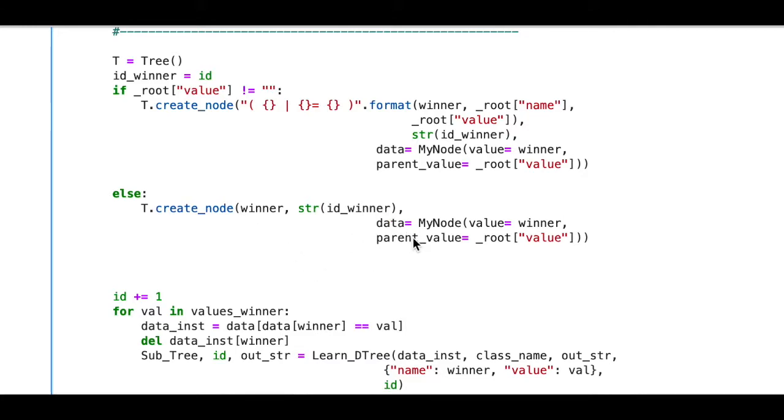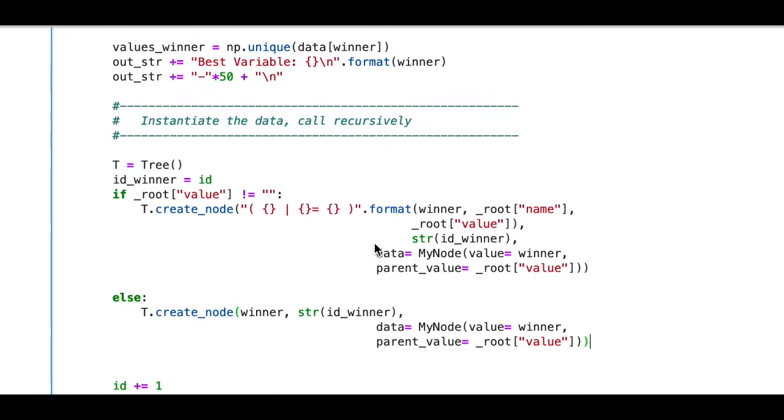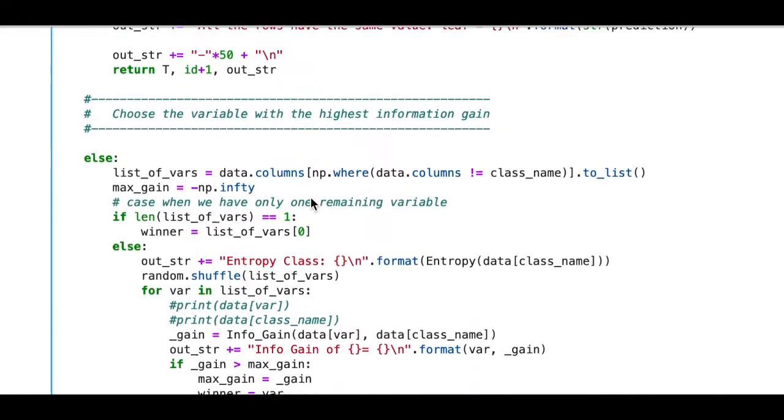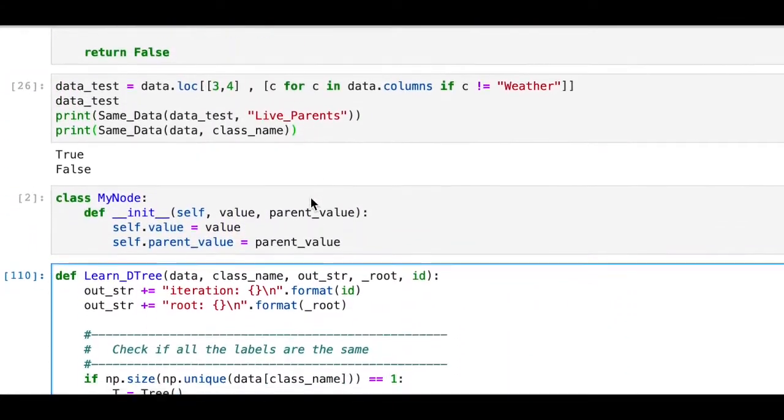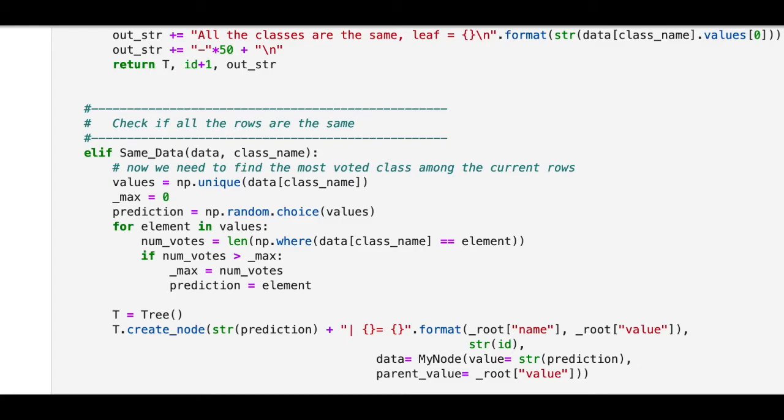It's exactly the same set of arguments, but in this case, we are printing just the name of the node. So now, as I said, we are passing new parameters that are going to be used in the classification part. Okay. So let's run this and this.